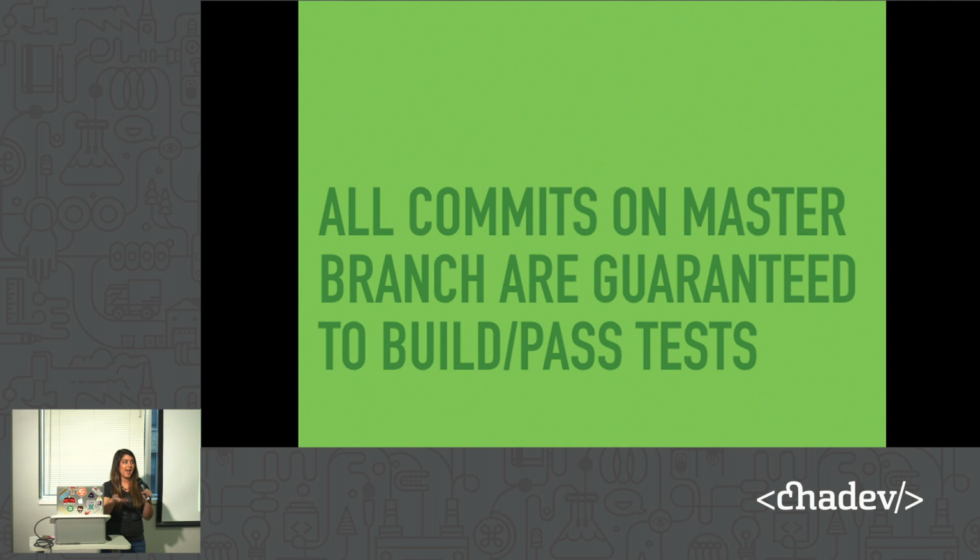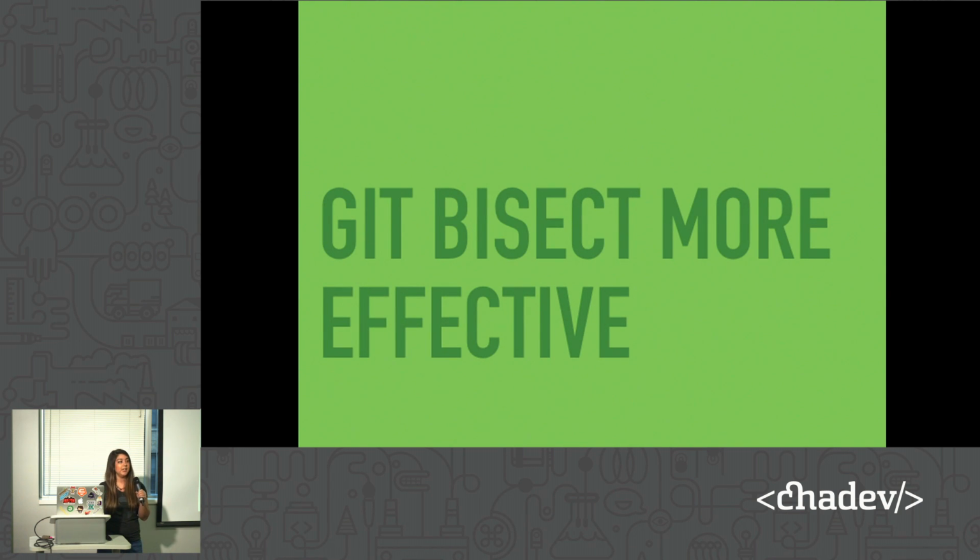You don't have random half commits that don't build or do weird things, which then helps when you're trying to git bisect. It lets you trust your code base way more because you know that it should be building, and you're not in this weird state where, oh, I wasn't done with this feature and so everything's weird right now, and I can't tell if the bug that I'm looking for was introduced here or if it's just broken.